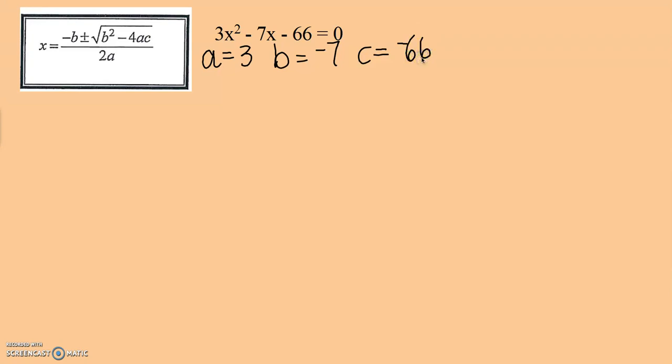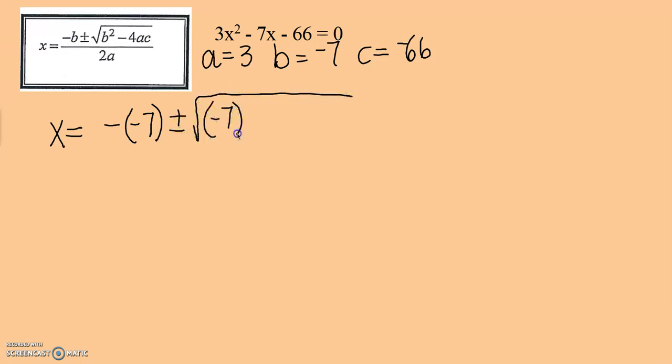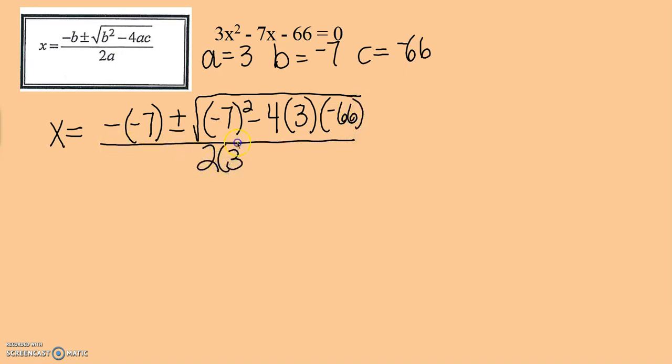So I'm going to take these values and substitute them into the quadratic formula. So x equals the opposite of -7 plus or minus the square root of -7 squared minus 4 times a times c. And we're going to divide all of this by 2 times 3.